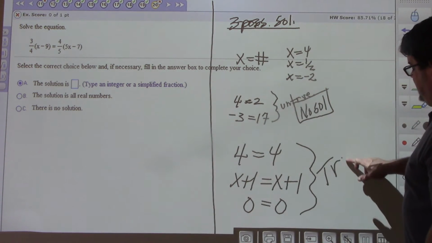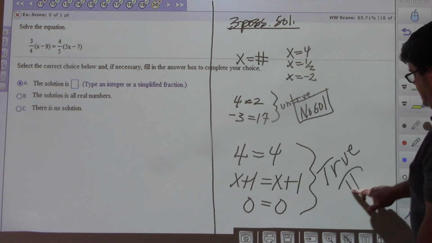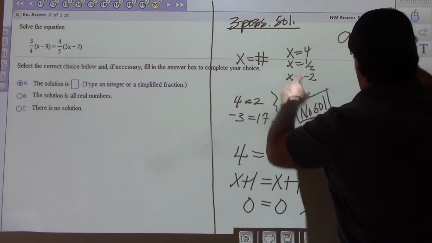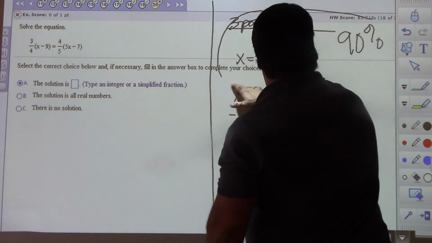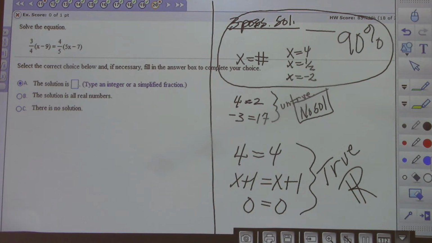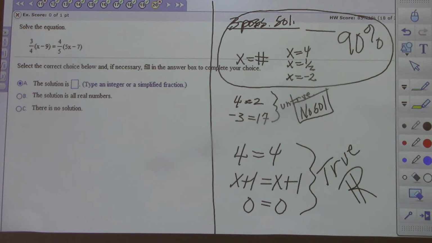If you have a true statement, then your answer is all real numbers. 90% of the time, you're going to have x is equal to a number, but every once in a while, you might get an equation on a test or a standardized test that comes out and says 3 is equal to 3, or -1 is equal to -1. Then your answer is all real numbers.